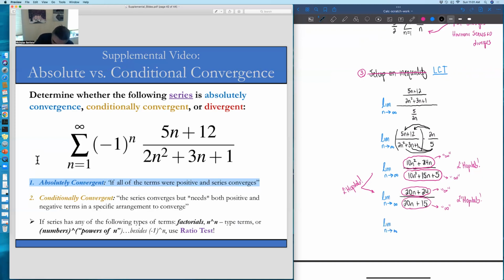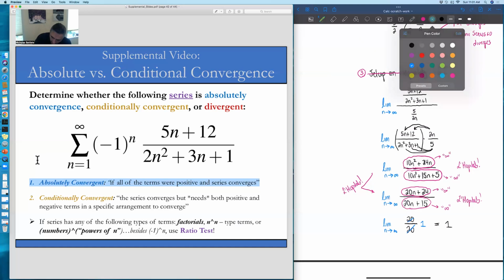Taking the derivative of the numerator again, in this case, we just get 20. In the denominator, we take the derivative and we get a 20. So this limit is the limit as n goes to infinity of 20 over 20. Or if we just simplify this, this is just the limit of 1 as n goes to infinity. And since 1 has no n's attached to it, this limit is just equal to 1.